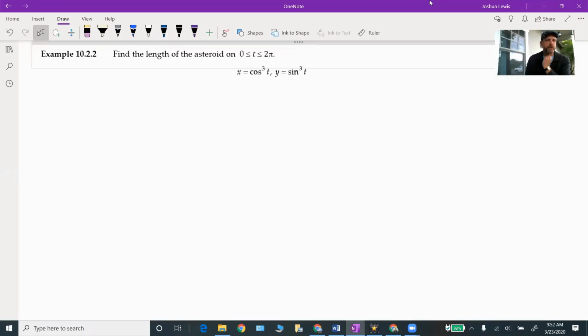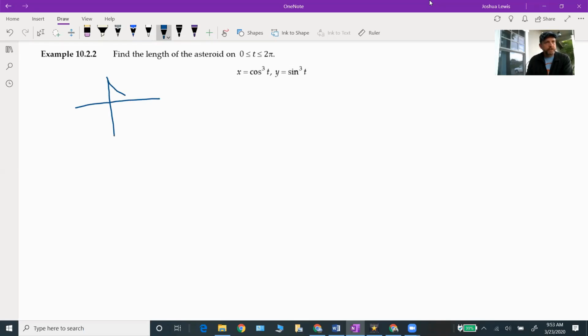All right, so let's see how this works. We're gonna find the length of this asteroid over 0 to 2 pi. Now, you wanna be careful because, right, we know what this looks like. We saw that earlier. But I'm not gonna go from 0 to 2 pi because if you think about it from a displacement perspective, it's 0, right? I'm right back where I started.